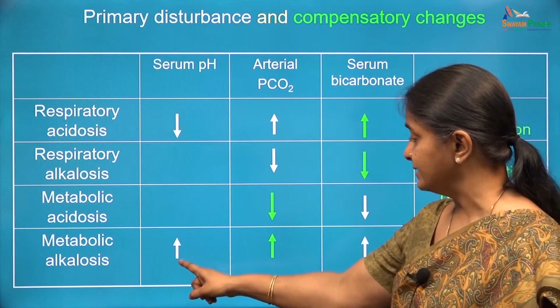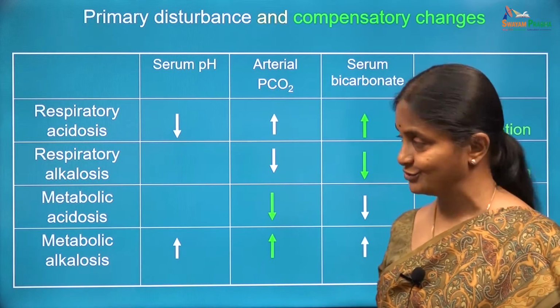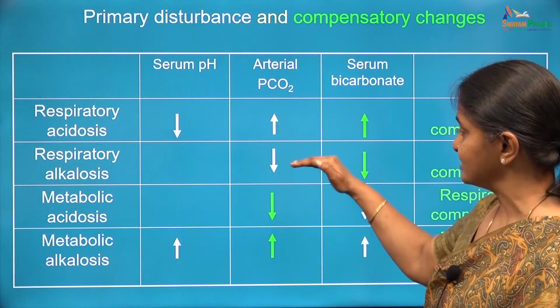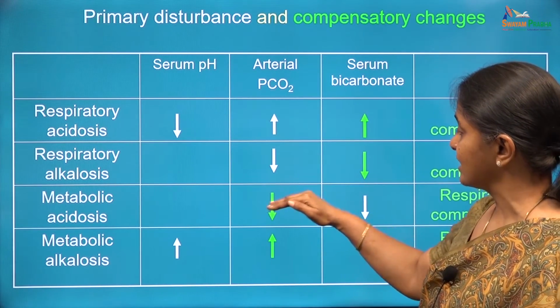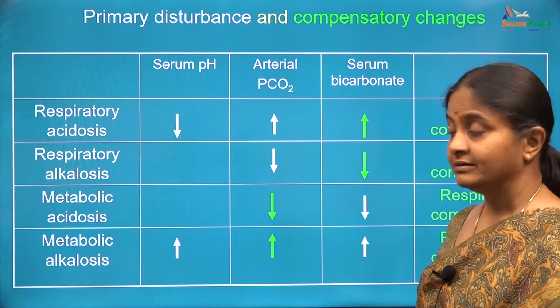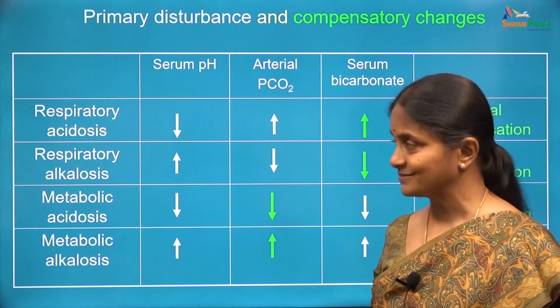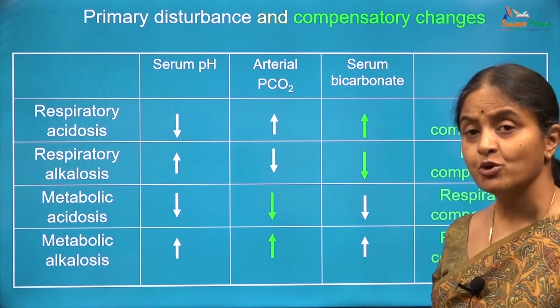If pH is higher, this has to be an alkalosis and therefore it has to be a metabolic alkalosis. These 2 conditions have the same profile in terms of carbon dioxide and bicarbonate concentration, and again the giveaway will be the pH. The pH is going to be different in these 2 conditions. We will see more of this in the lectures that will come up.